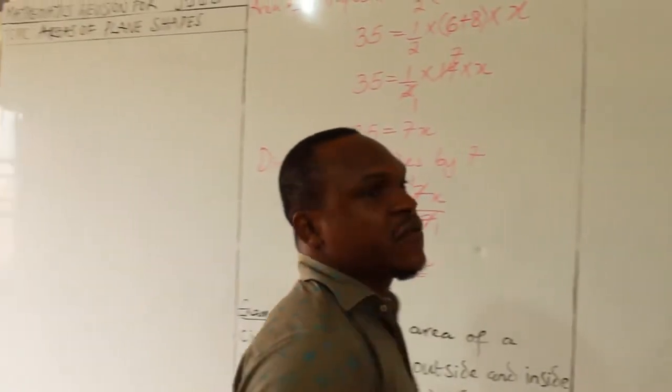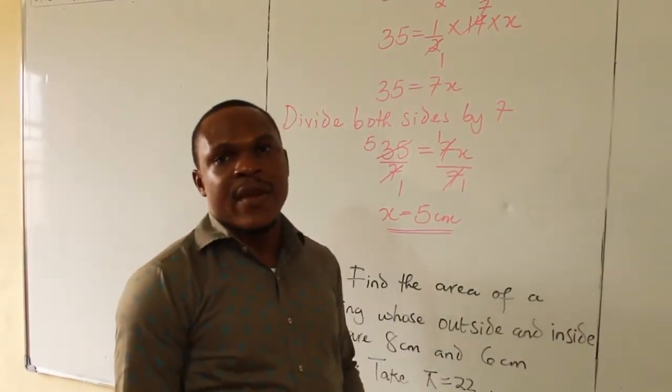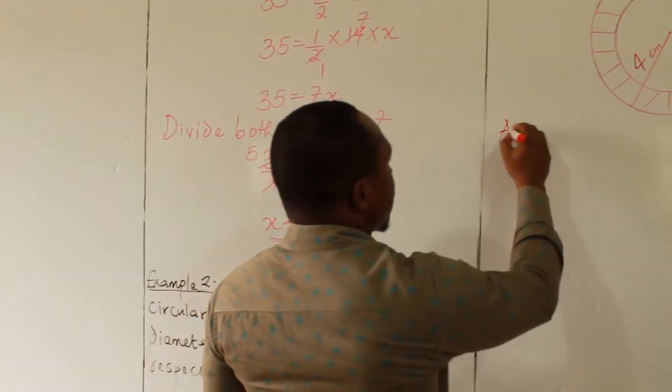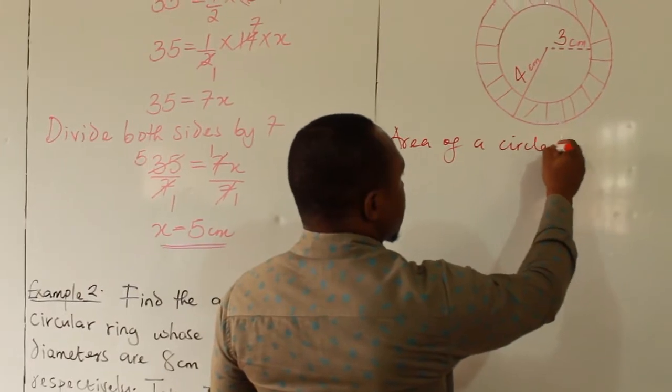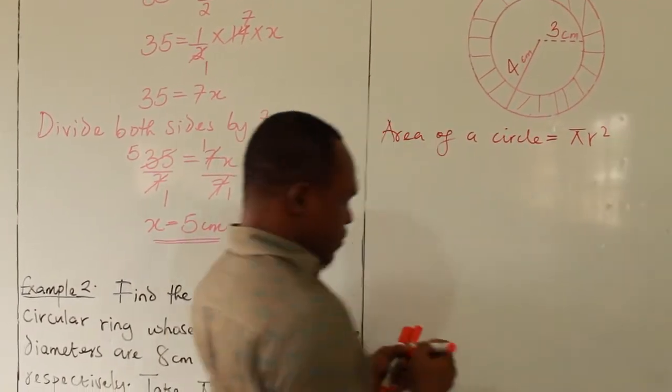Now, for us to be able to find the area of a circular ring, we must first know the area of a circle. So, the formula for area of a circle, which we should already know, is pi r squared.